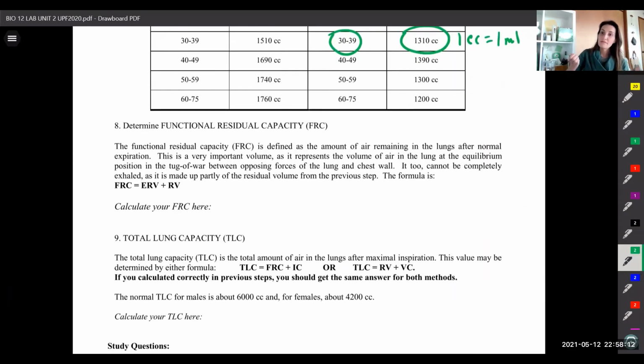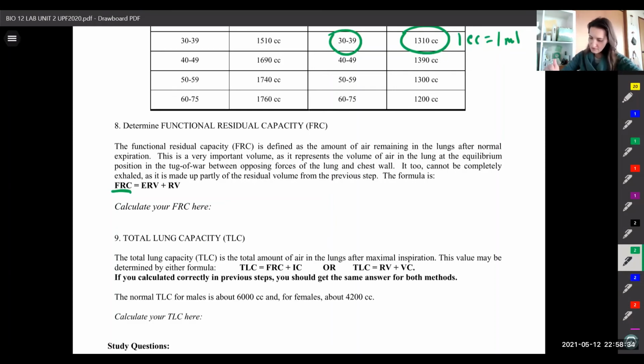And now that we have that estimate, we can determine the FRC, the functional residual capacity. You were given your ERV, remember that's 1,000, and you just estimated your RV from this table here. You add those two together, you get your FRC.